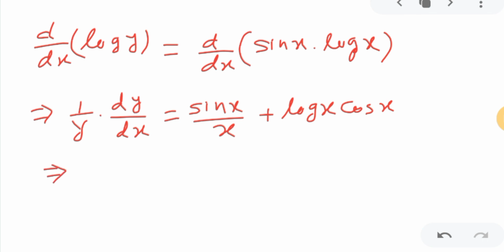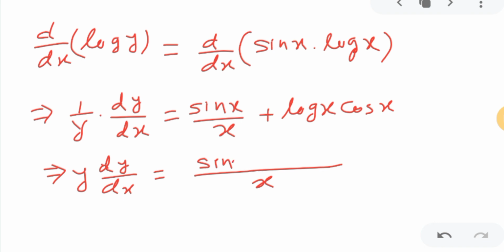So now we have 1 upon y into dy upon dx. If you want to simplify, you can simplify a little bit. On the right side, if I take the LCM as x, it will be sin x plus x log x cos x, all over x. Sorry, this was 1 upon y; I mistakenly wrote 1 y.